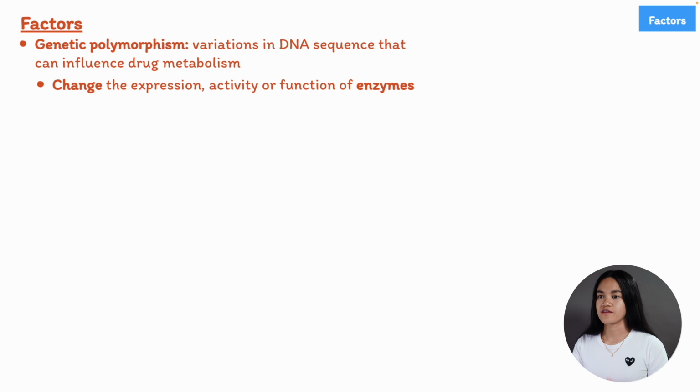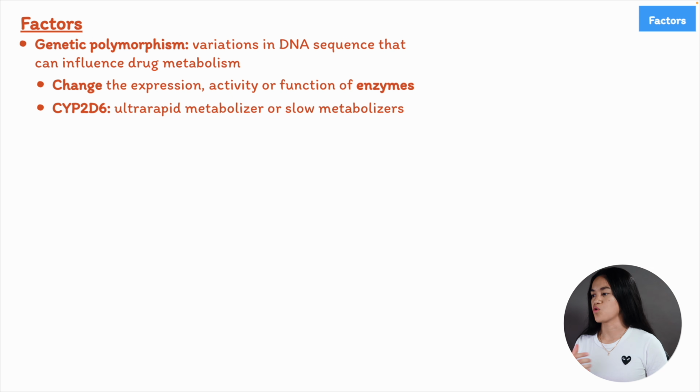For example, genetic variants in CYP enzymes can lead to altered enzyme activity, affecting the rate and extent of drug metabolism. Remember, CYP enzymes catalyze phase 1 reactions. If we look at CYP2D6, where polymorphism is very important, the enzyme's level of production varies greatly between individuals. Some people are going to be ultra rapid metabolizers because they produce a lot of CYP2D6, and other people might be slow metabolizers because they don't produce a lot of CYP2D6, which makes sense, right?